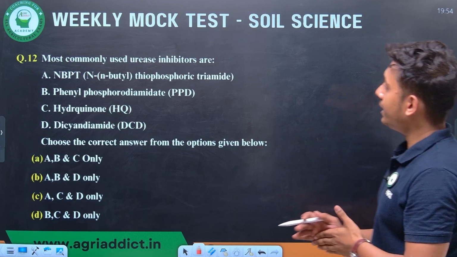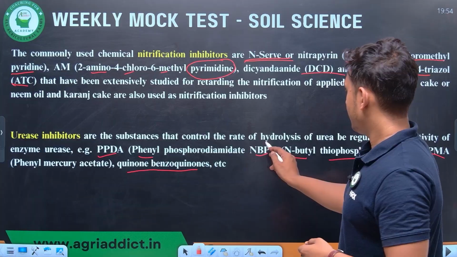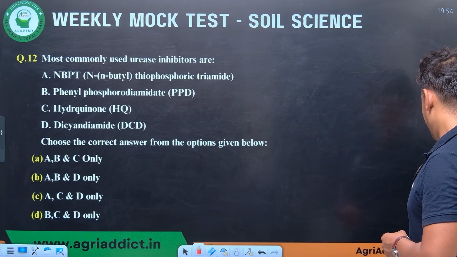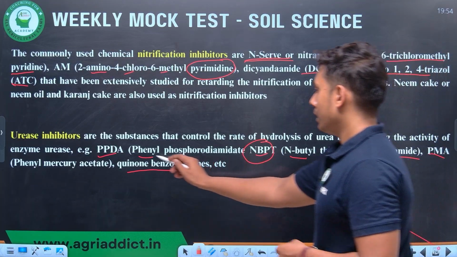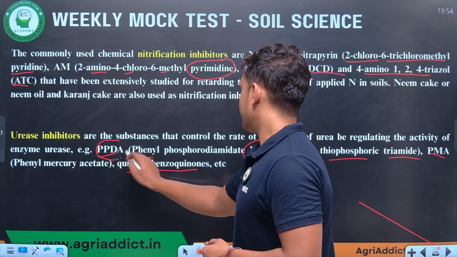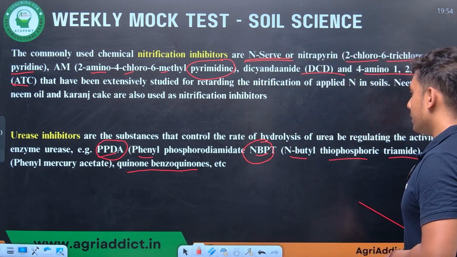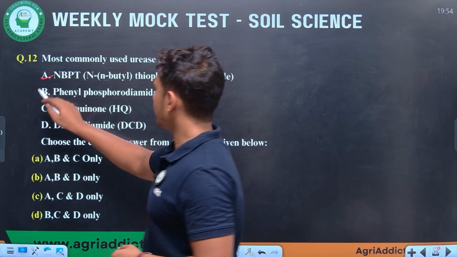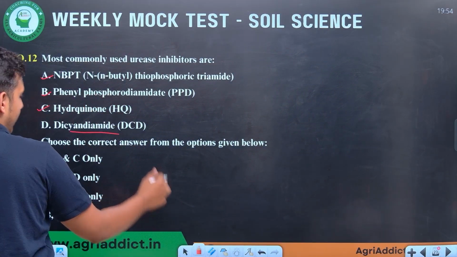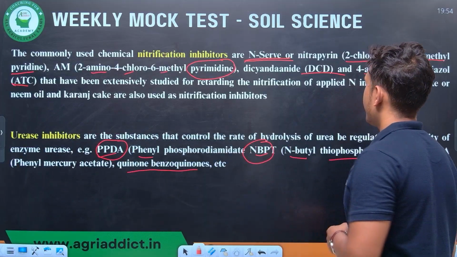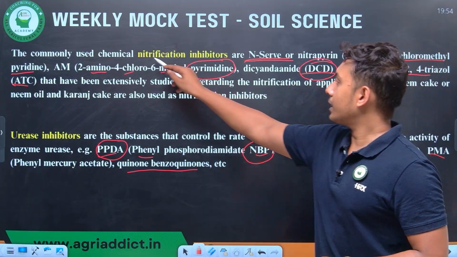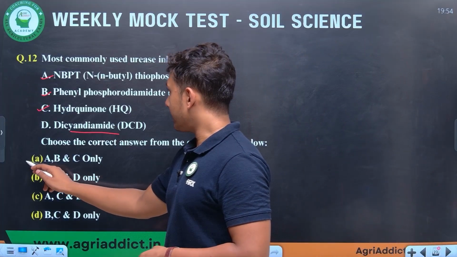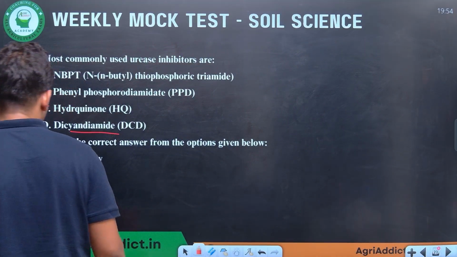Here NBPT was a urease inhibitor, and phenyl phosphorodiamidate PPD was also a urease inhibitor. Then comes hydroquinone, this is also a urease inhibitor, and dicyandiamide was actually a nitrification inhibitor. So A, B, C will be the answer. So in question number 12, the answer A, B and C will be correct.